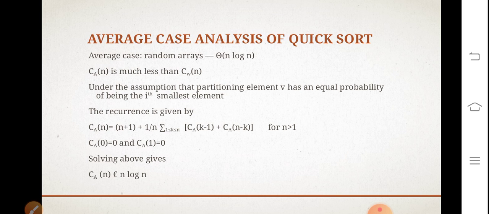The recurrence is given by ca of n equal to n plus 1 plus 1 by n, summed for some 1 less than or equal to k less than or equal to n, of the average case complexity ca of k minus 1 plus ca of n minus k, for all n greater than 1, ca of 0 equal to 0 and ca of 1 equal to 0. Solving the above gives us the average case analysis of n belonging to n log n.